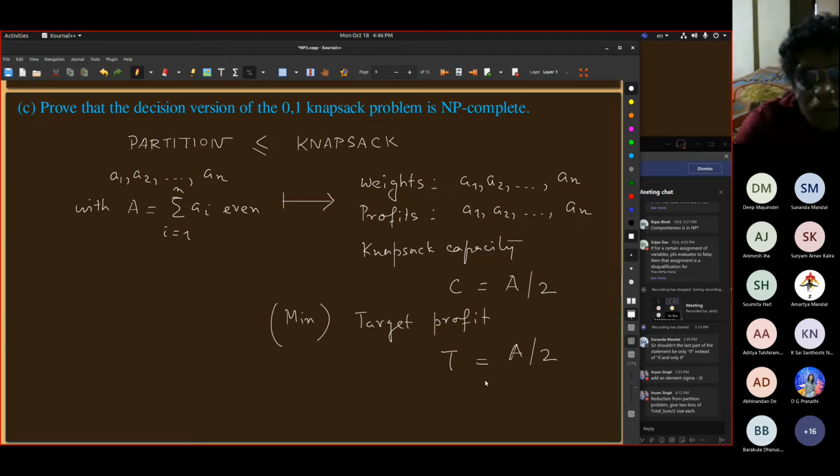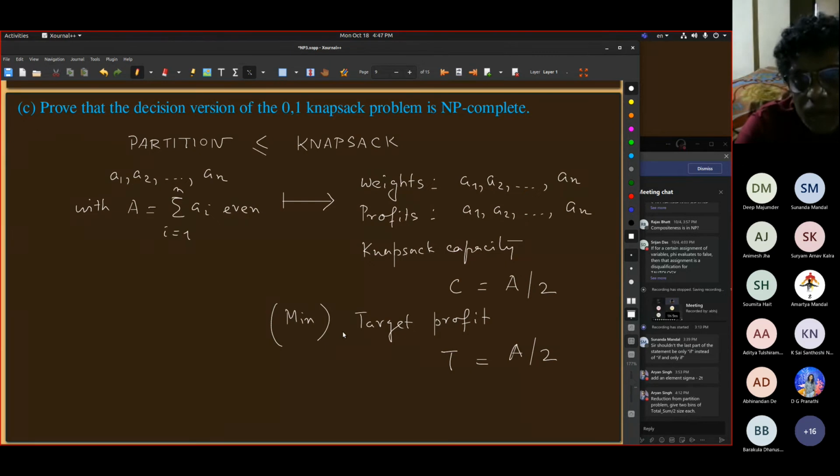So if this partition problem has a solution, so there is a sub collection. I simply pack the objects in that sub collection. So the sum is equal to A by 2, so the capacity constraint is not exceeded. Okay, the sum is equal to A by 2, should be less than or equal to C, so it's fine.